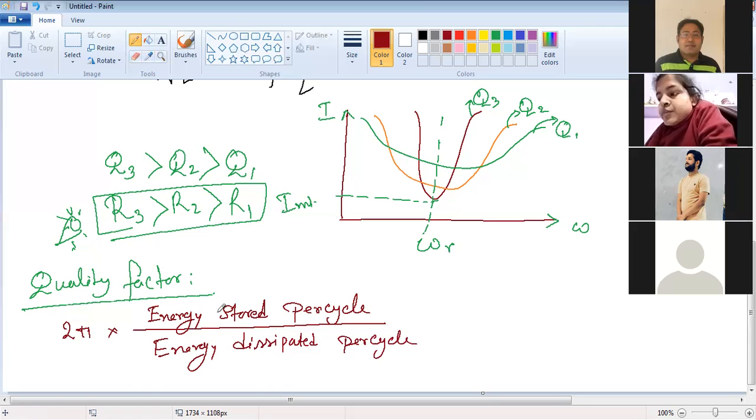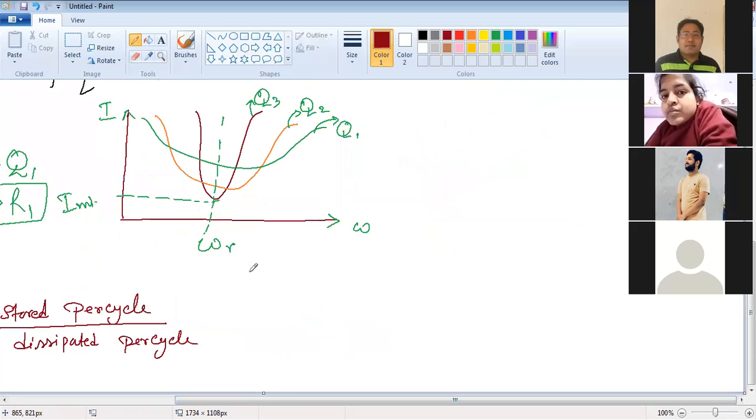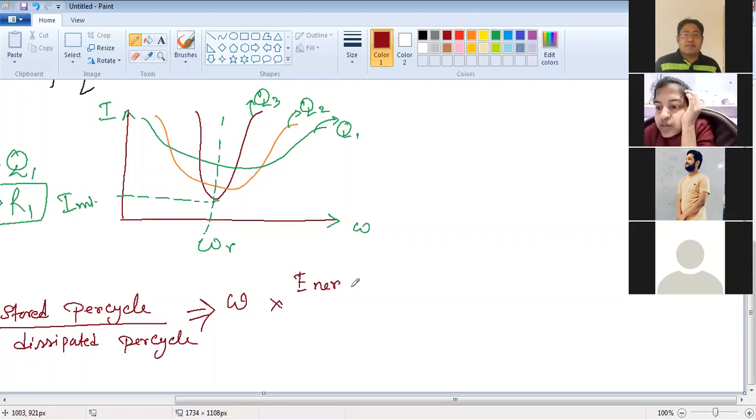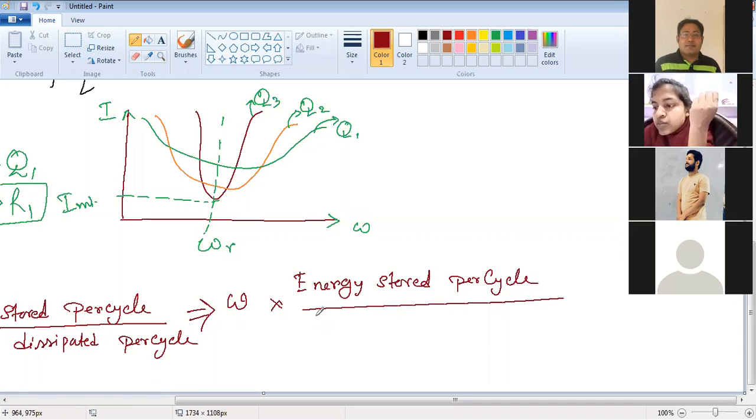So we can also write down this expression just like this. Quality factor is energy stored per cycle by power dissipated.